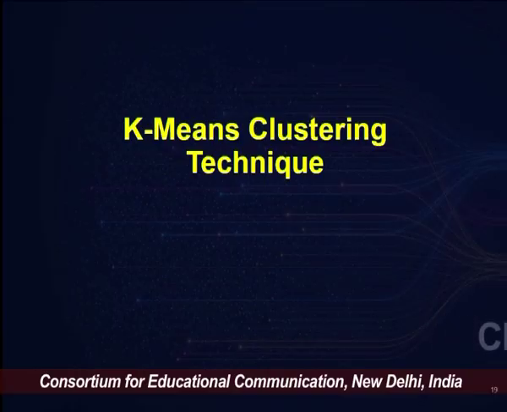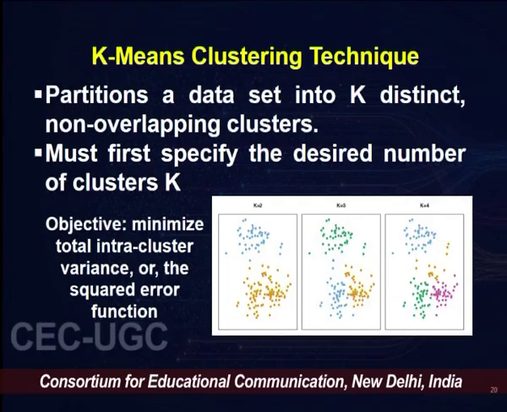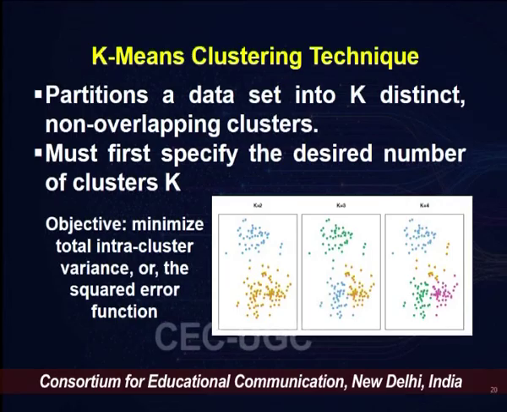Now, as I told you, we would primarily talk about one of the very popular clustering techniques, which we call the k means clustering technique, and by the name itself, as you can see, k is the number of clusters that I need to predefine beforehand. That is what k means over here, right. As it is a partition based clustering, it would divide the data points into k distinct non overlapping clusters, right.